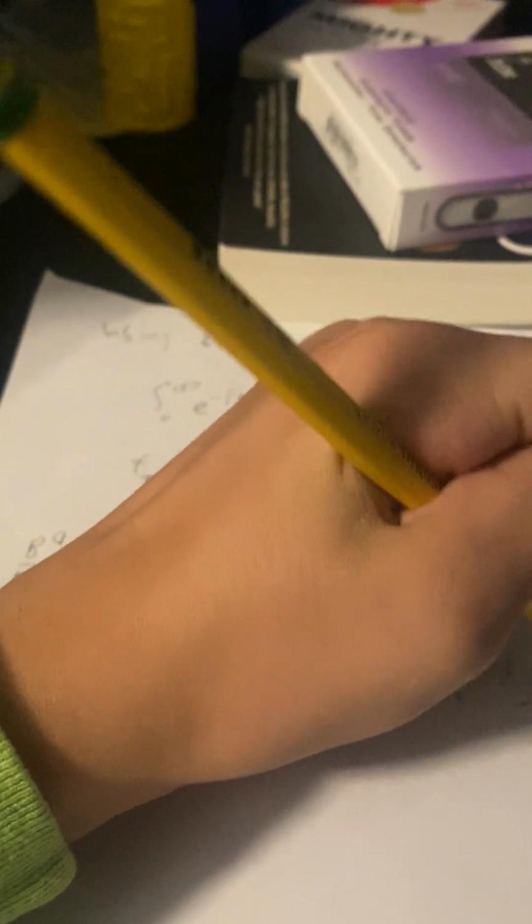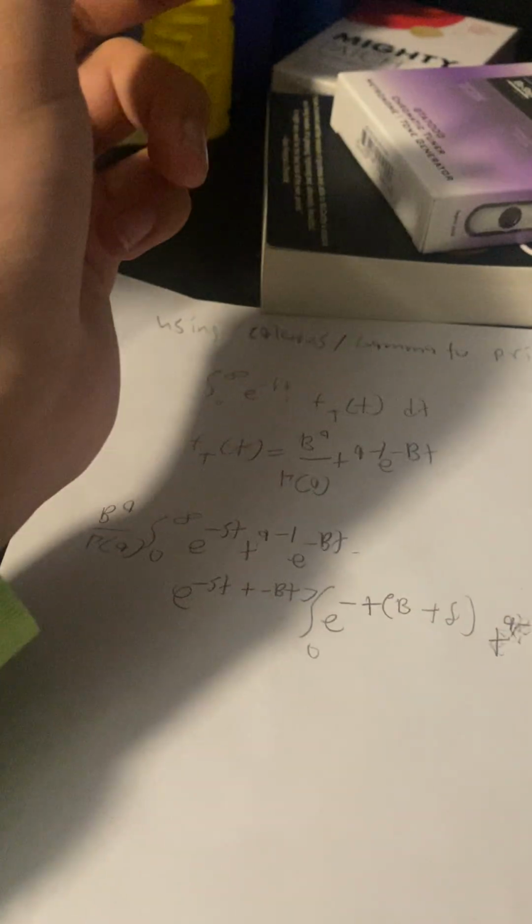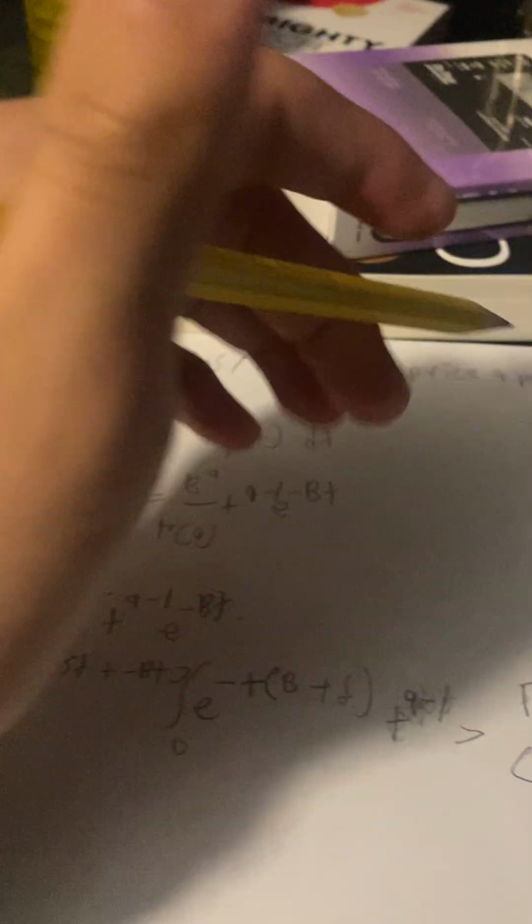And then what we can do is that we can say equal to the gamma formula, which is gamma of n over k to the n, so gamma of alpha over beta plus delta to the alpha. Gamma of alpha. So now what we can do is that we can solve that, and now we have to multiply by beta to the alpha over gamma of alpha, and then these cross out.